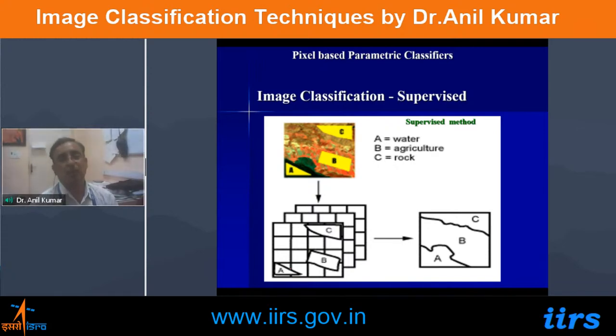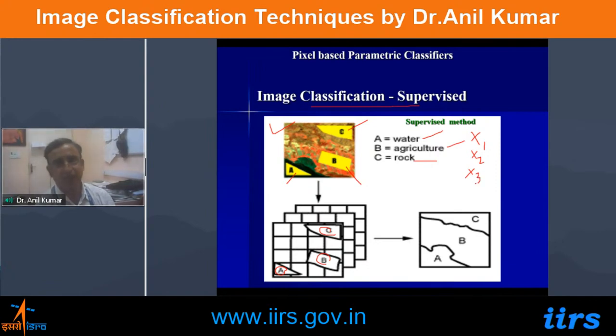Next is the supervised case. In supervised image classification, if the image has to be classified, from the image we are giving samples for A class, B class and C class. A is water, B is agriculture, and C is rock. So once we apply the signatures here for each class, using the signature files the algorithm calculates a mean of each class: x1, x2, x3.